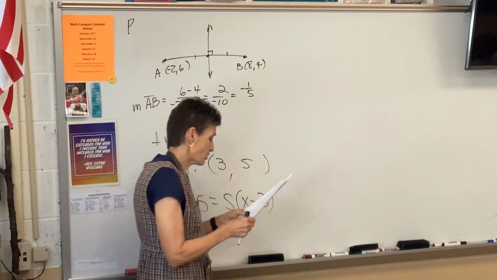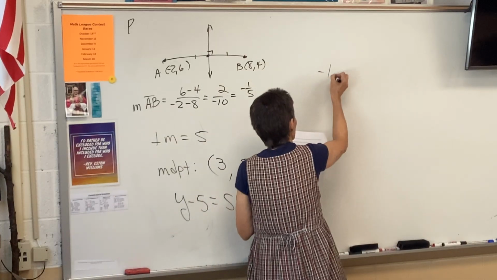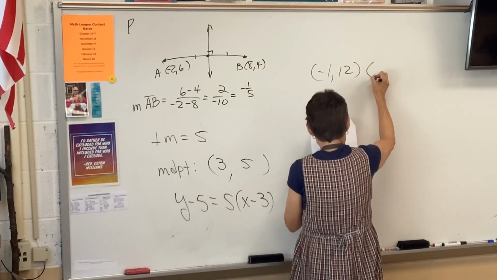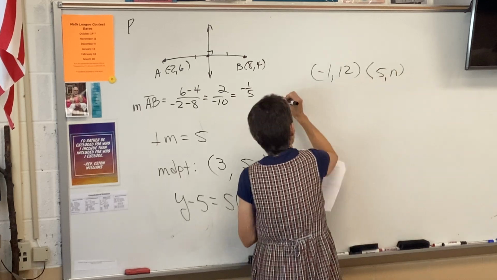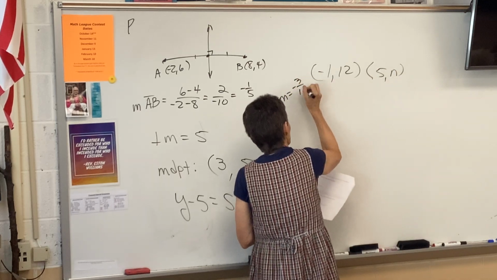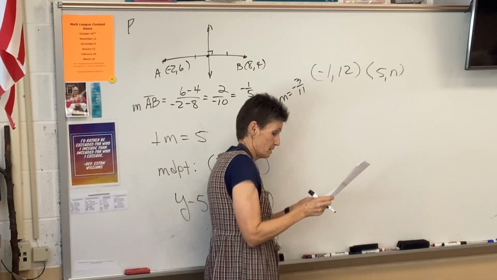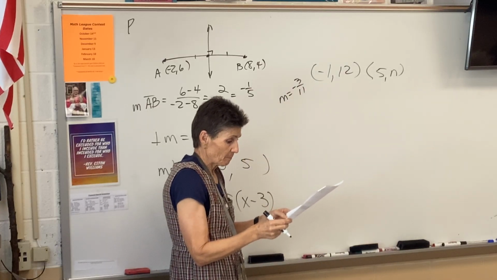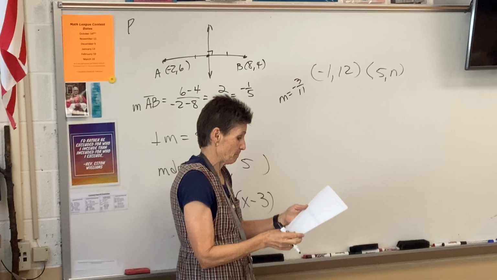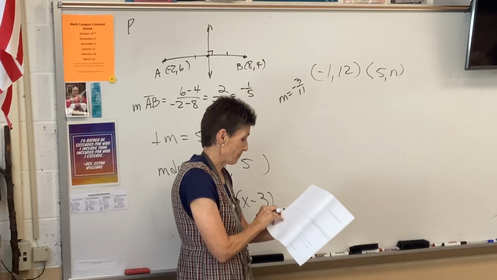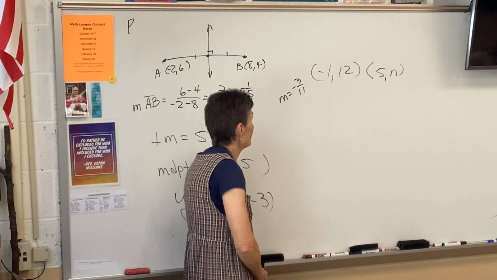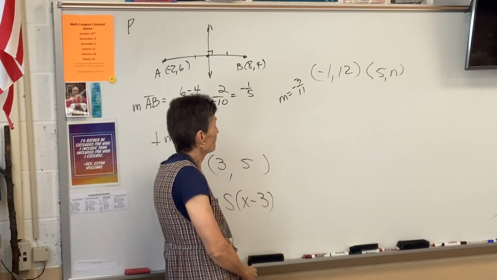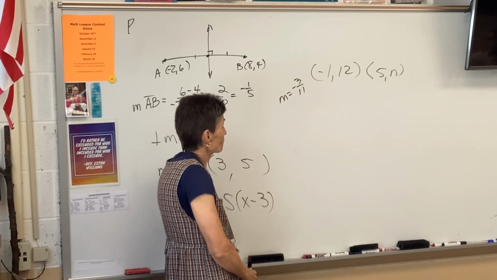All right, find the value of n for the line through negative 1, 12 and 5, n that has a slope of negative 3/11. All right, we've seen that problem before. So here we go. What do you think?